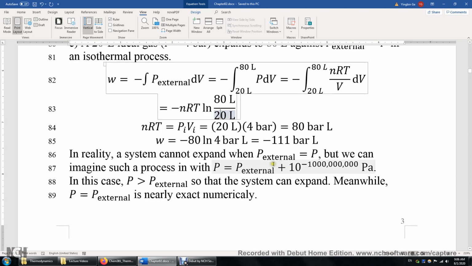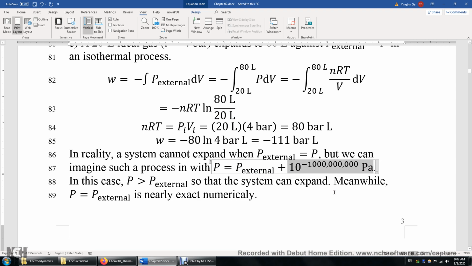Now, in reality, if P external is equal to P, the system cannot expand because the inside and outside pressures are the same. How can the system expand? But just imagine, if P is slightly greater than P external, for example, they differ by this much. See how small this is. And then there's a pressure difference.